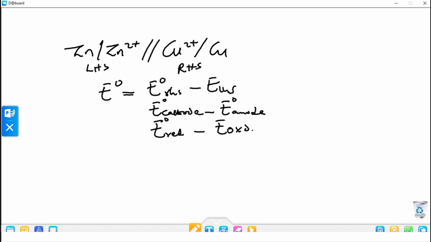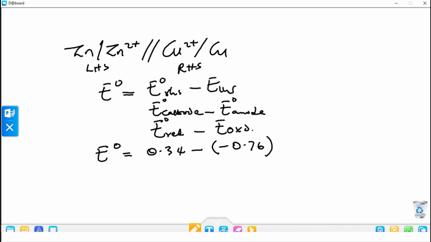Looking at that, our standard electropotential E is going to be the value for reduction. Reduction is copper, and copper is positive 0.34, minus the value for zinc, which is minus 0.76.